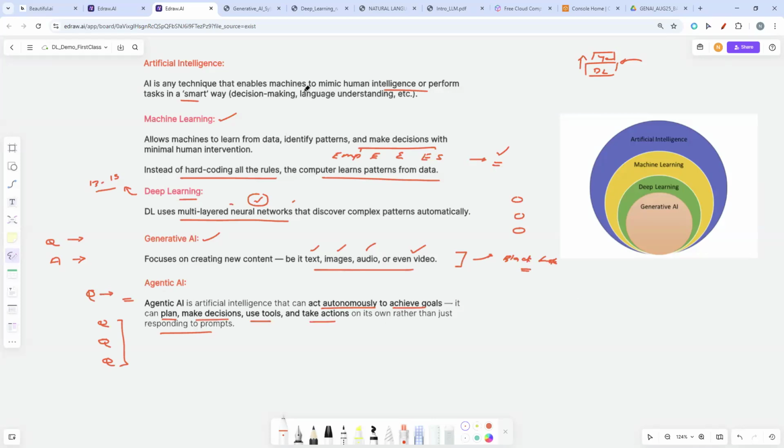For example, if you want to move from Hyderabad to Delhi, and you ask your agentic AI system to plan my trip from Hyderabad to Delhi and create a beautiful day schedule. For the first day where to go, second day where to go, what are all the tourist places that we have to visit, and also check my calendar dates and the flight dates. If you say like that, even that much prompt is not required.